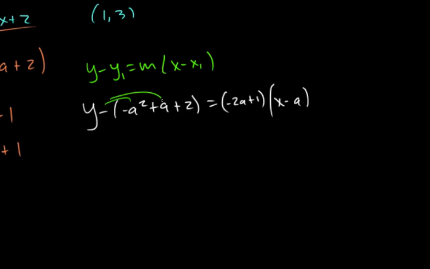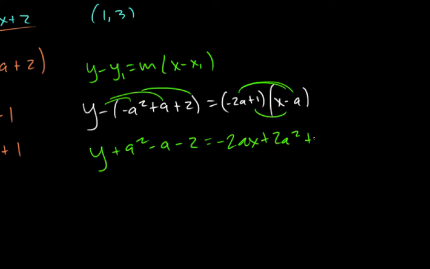So distribute the negative: y plus a squared minus a minus 2. Distribute, we're going to get negative 2ax plus 2a squared plus x minus a. And then we'll continue with that.